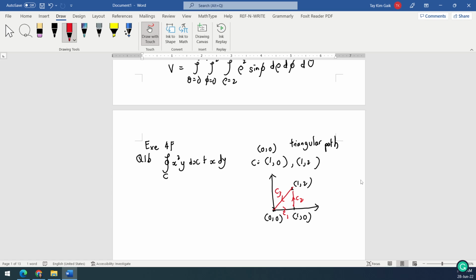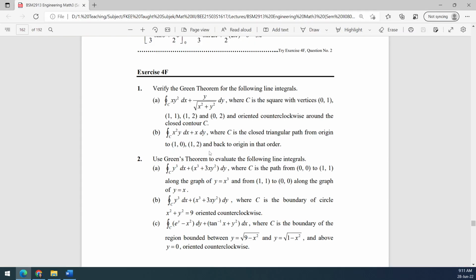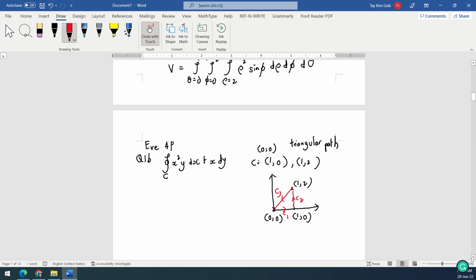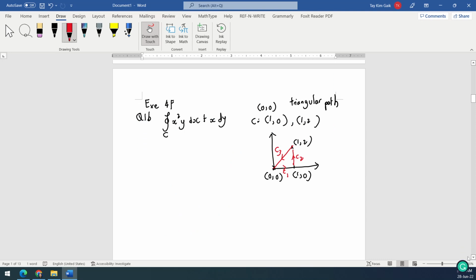So the question is to verify Green's theorem. You have to do both sides.